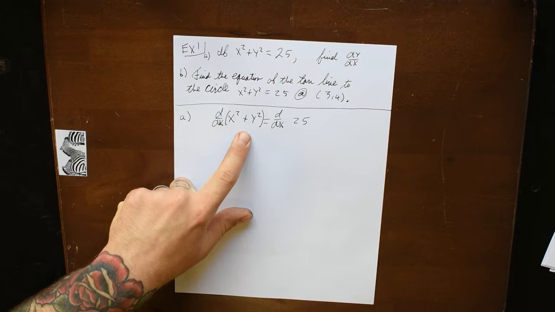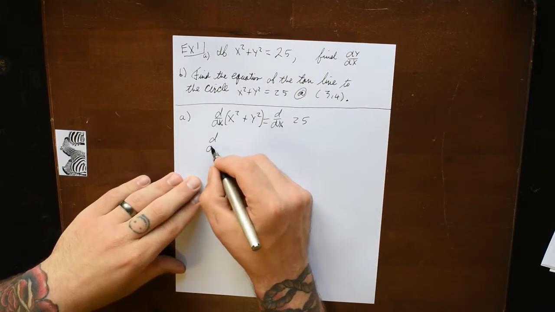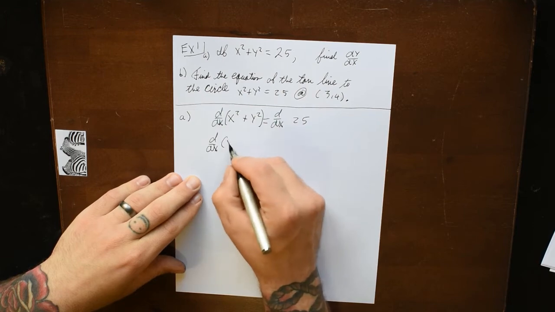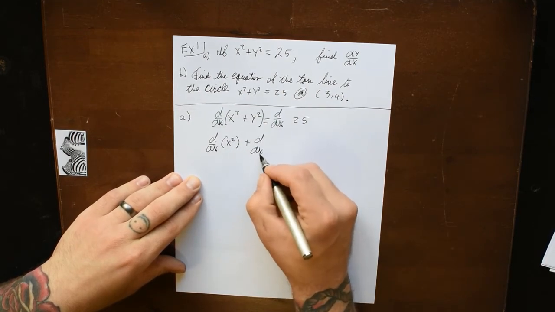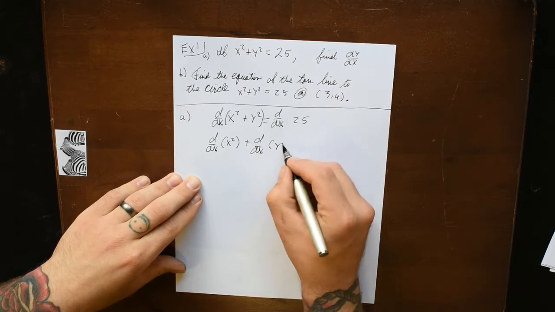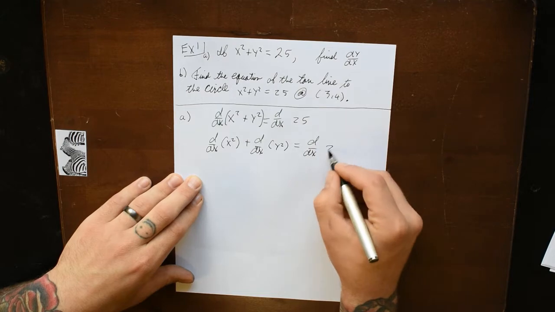Derivatives can distribute over addition and subtraction, so we get the derivative with regards to x of x squared plus the derivative with regards to x of y squared is equal to the derivative with regards to x of 25.